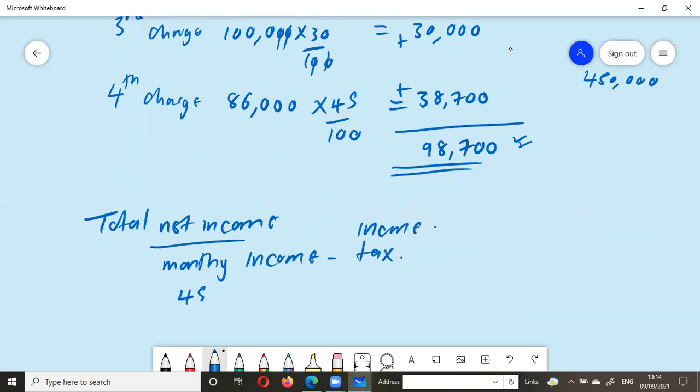It was 450,000 minus what is being charged, which is 98,700. So what does he earn? What is his net income?